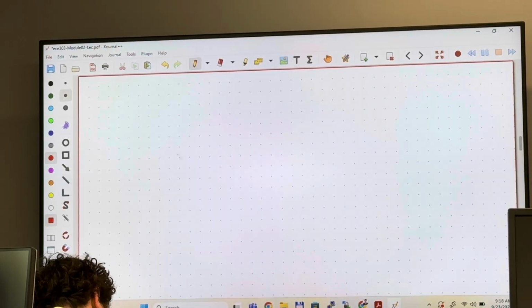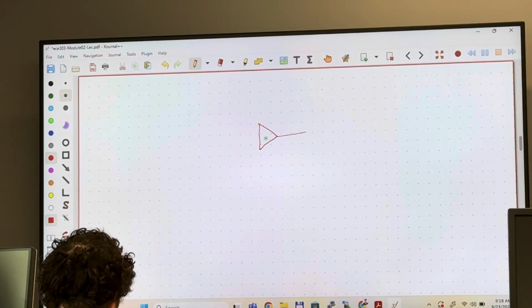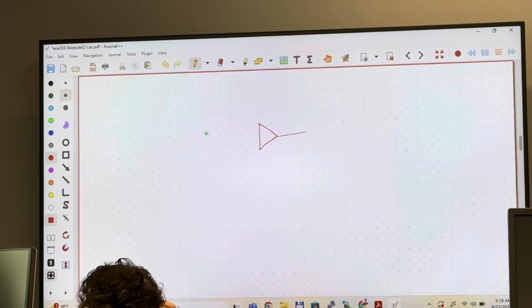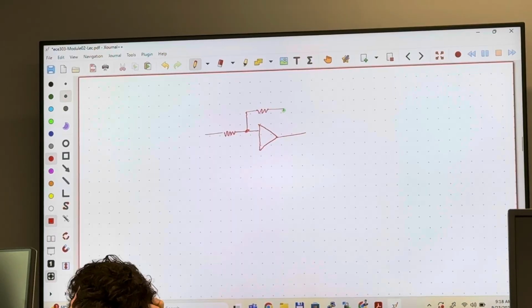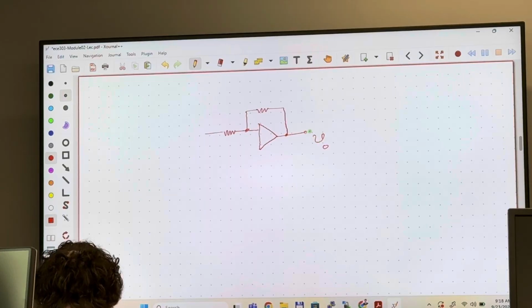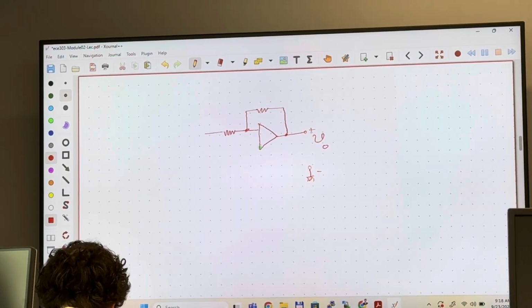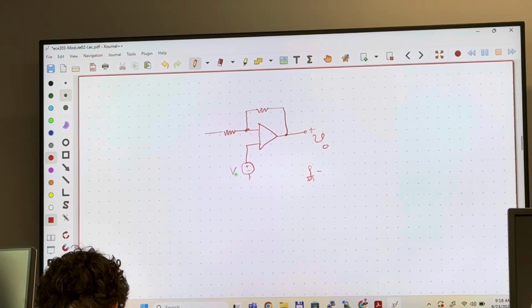So we have a non-inverting op amp. This is Vout, this is positive, negative, and the input right here is a voltage source, so VI.